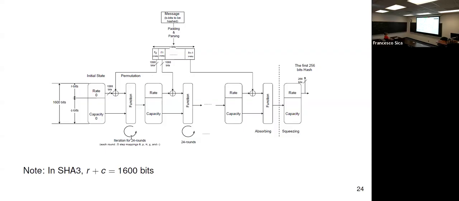It means that in each round, we have to repeat these 5-step mappings. And then we will extract our desired hash digest from the rate, while the capacity of SHA-3 will be untouched, just for making sure of the security of SHA-3.